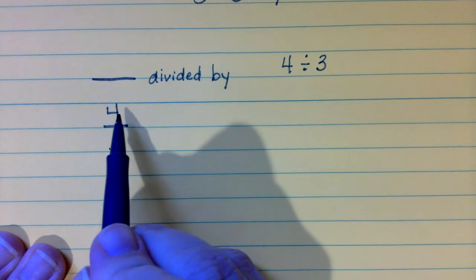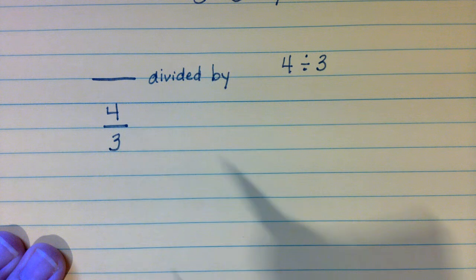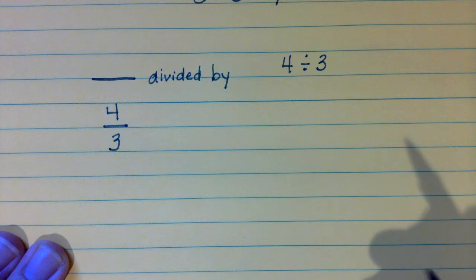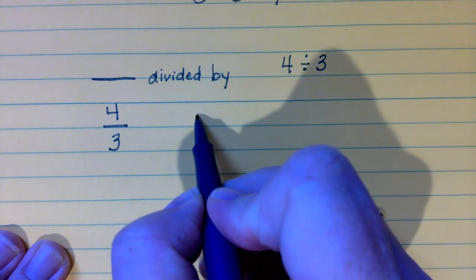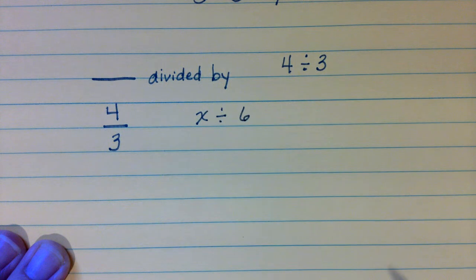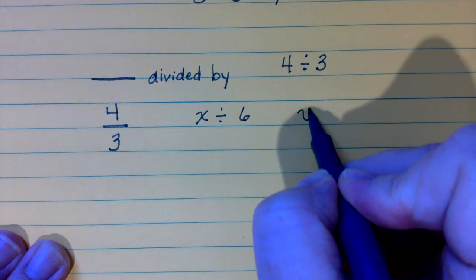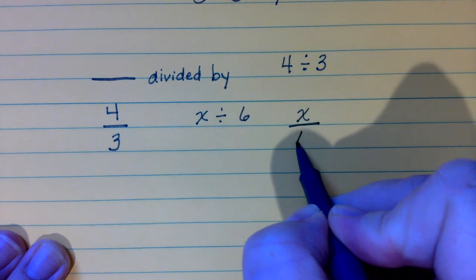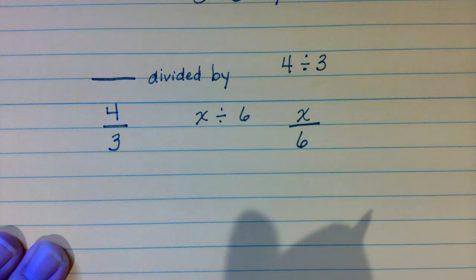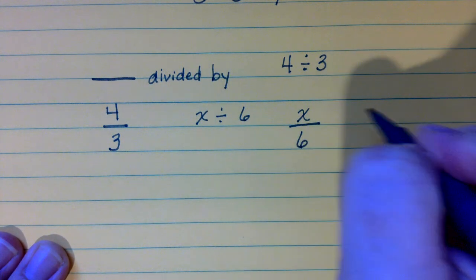We would read this as 4 divided by 3. With a variable, it could be a number divided by 6. Again, that fraction bar means divided by. So you're going to see it both as a fraction or as a division problem.